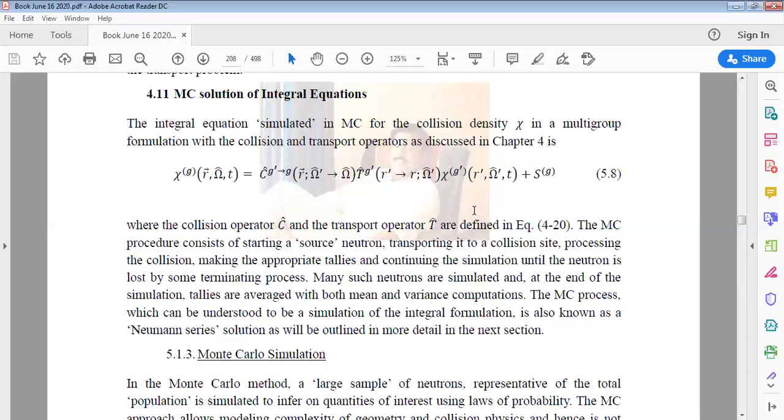Today we talked about the Monte Carlo method, how it's used to evaluate integrals. Then we touched on the concept of variance reduction. And then I talked about Monte Carlo solution of a stochastic, random process.